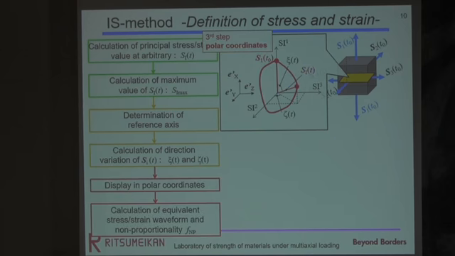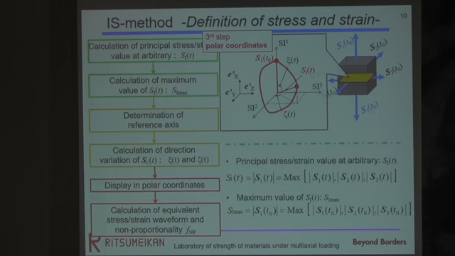So third step, we use this polar coordinate. The direction of the loading is given by this cosine zeta t and theta t.